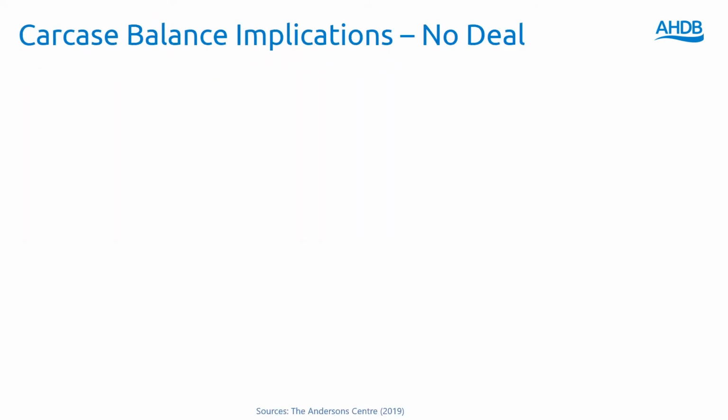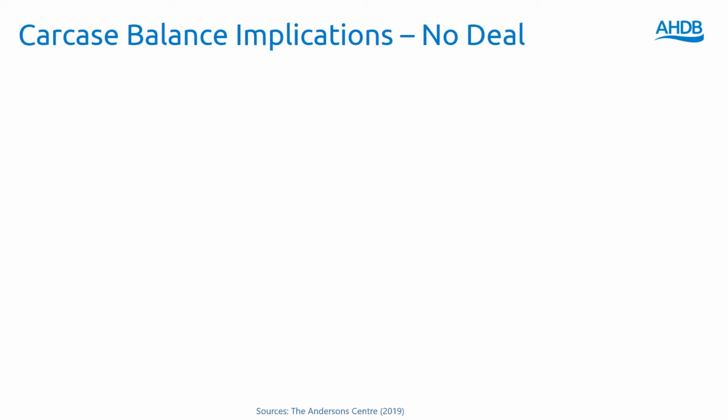Moving on then just to look at a few additional issues. Firstly, focusing on carcass balance implications under a no-deal scenario. We've done quite a bit of research around this, and it is illustrated, I believe, in chapter 8 in the report.